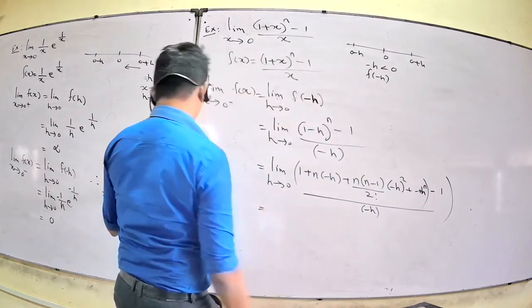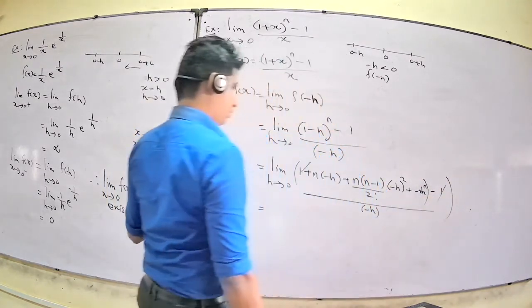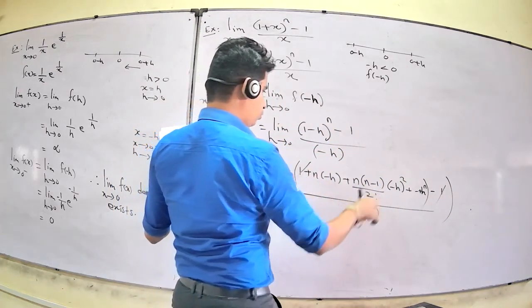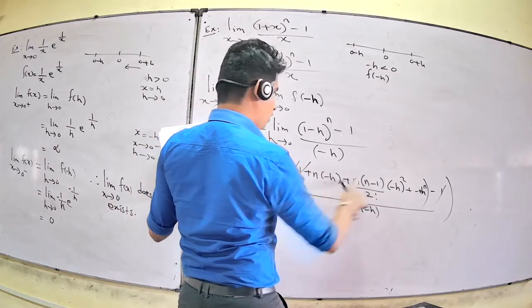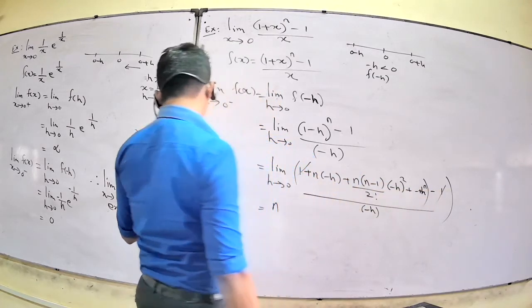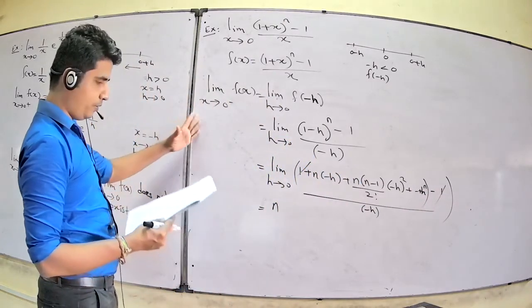To take the limit, you can cancel the 1 and 1. Then the minus signs cancel. Only the first term survives; other terms are 0 because they contain h. Therefore only one term remains, equal to n. That is the left limit value.